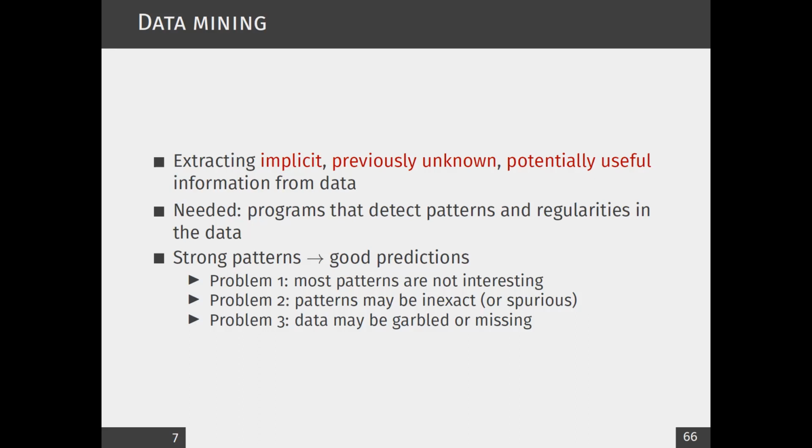It's easier nowadays. The problem is all these patterns that we get from these algorithms are not very interesting. So the first problem is most of these patterns are not really interesting. And these patterns also may be inexact, which means there might be issues in the models or the patterns that you get.